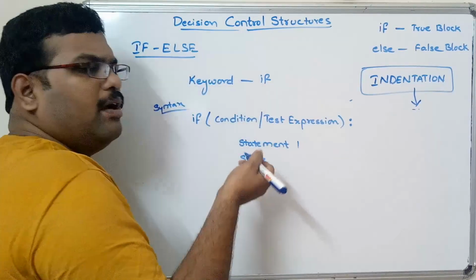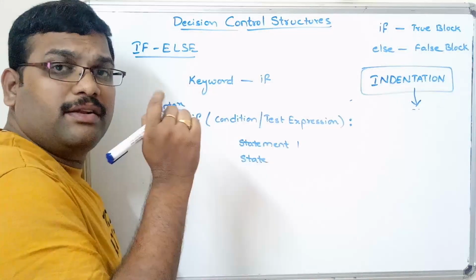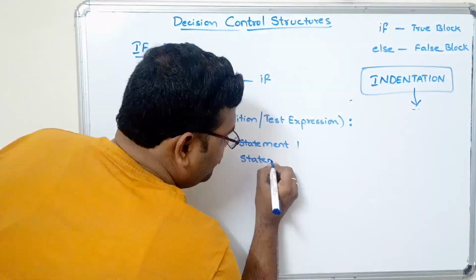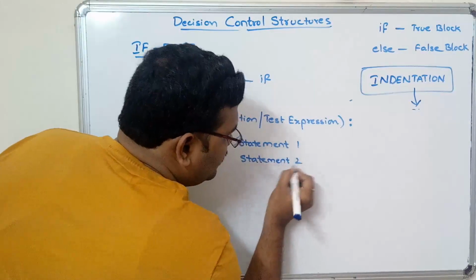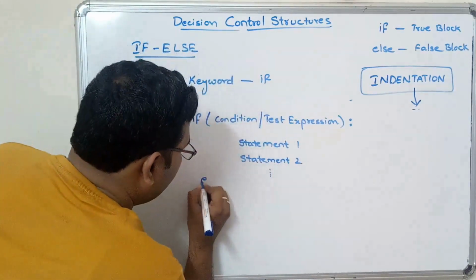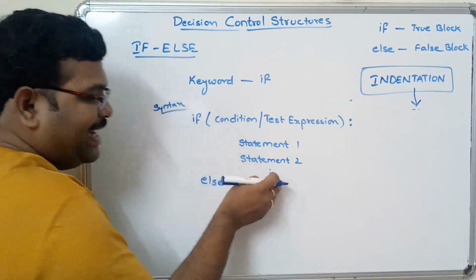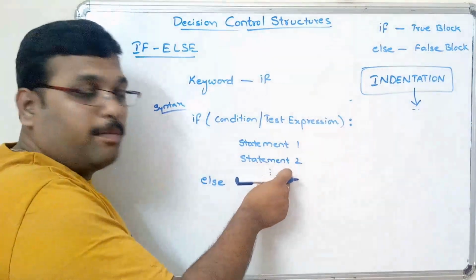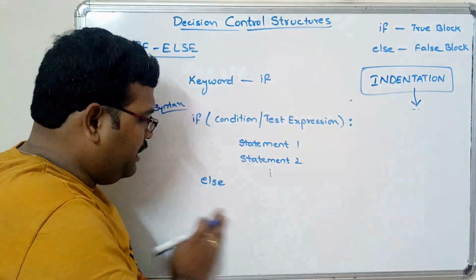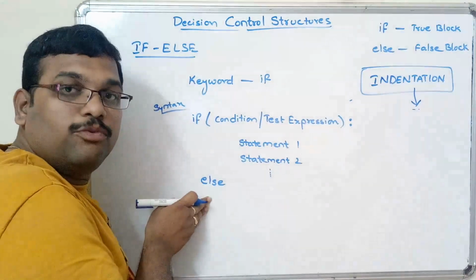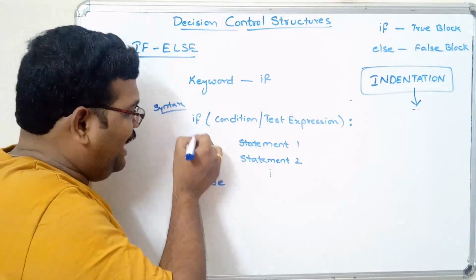It can consist of either a single statement or multiple statements. Statement 2 and so on. Again else. So this ends the true block, because here we are writing the else part from the leftmost corner, right? So this alignment should be the same.